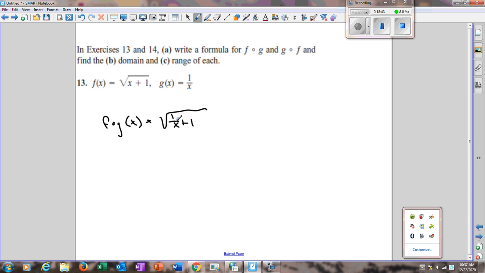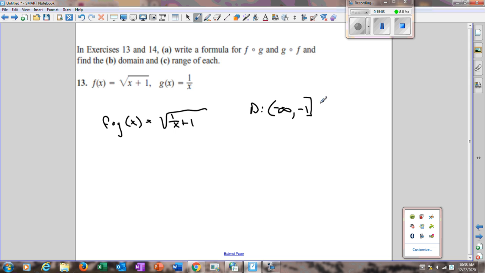Actually, I could have a number less than -1. If this was -2, that would give me -1/2 plus 1, which would be a positive. So my domain would be from -infinity to -1 inclusive.